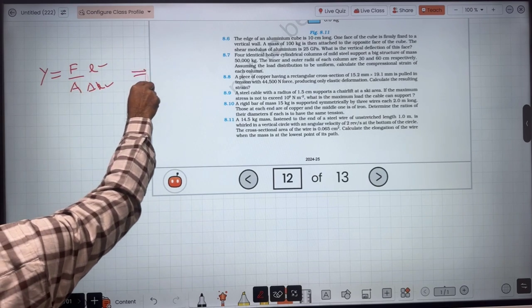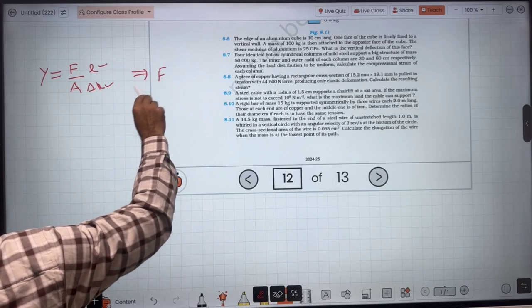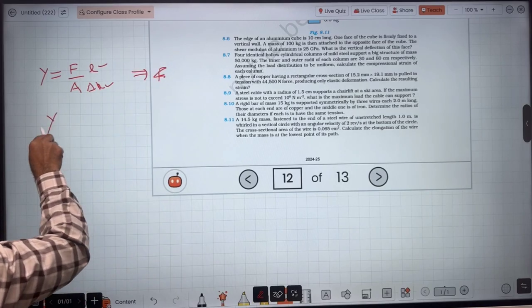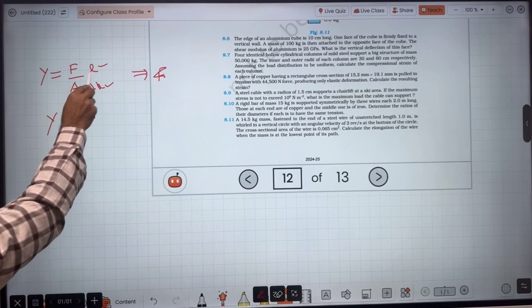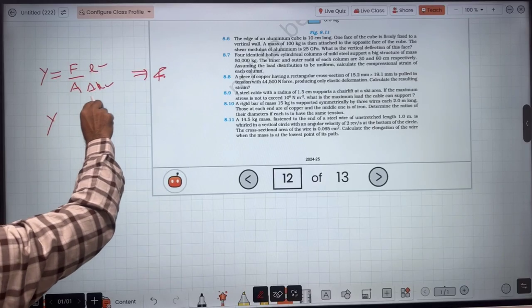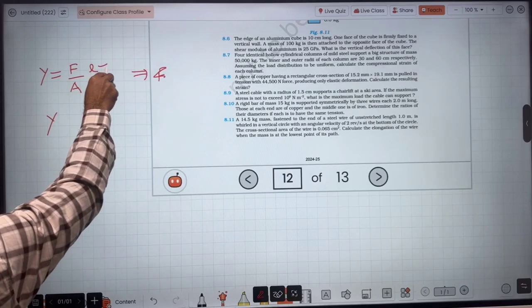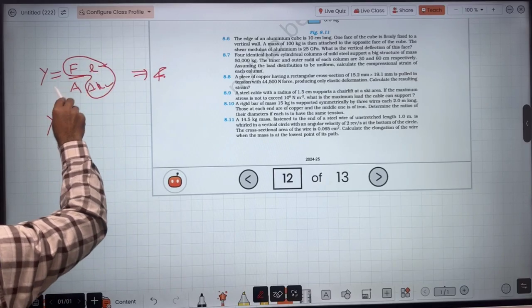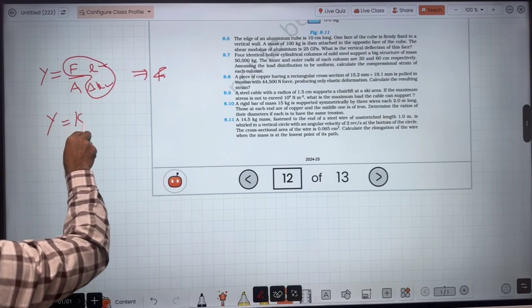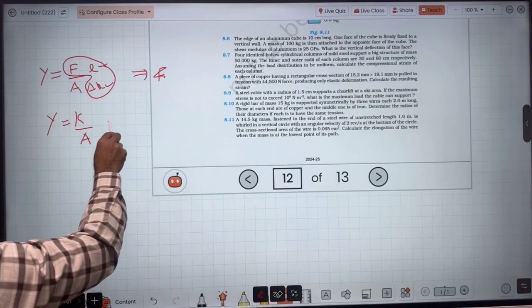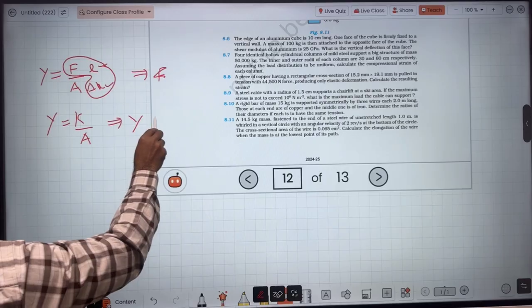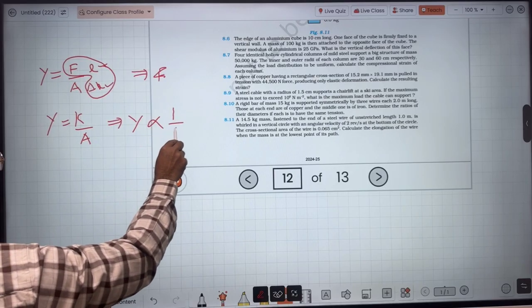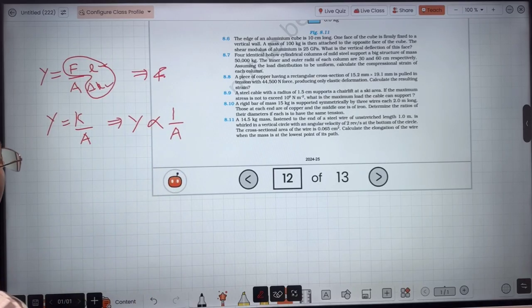So what is left? We are left with Y. If we take these three things as constant, then Y is inversely proportional to area. We have to compare the diameters.